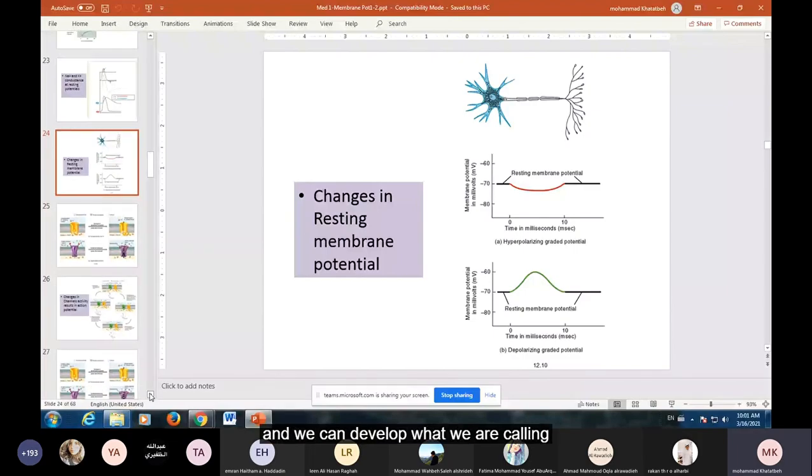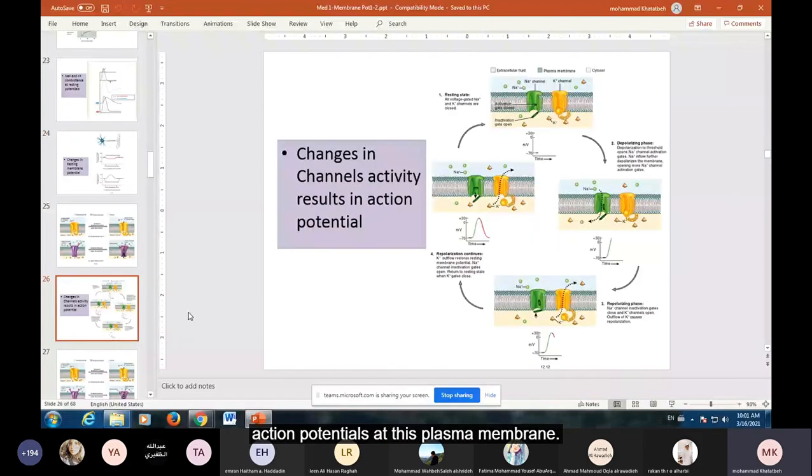we can develop what we are calling action potentials at these plasma membranes. So this is the second property of the plasma membranes of excitable cells.